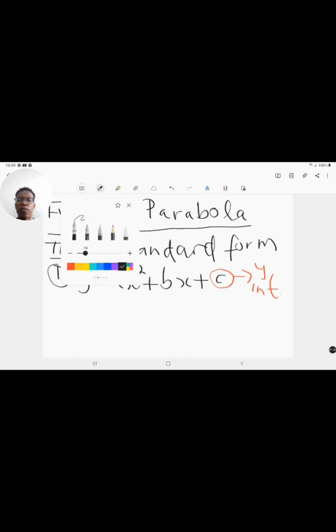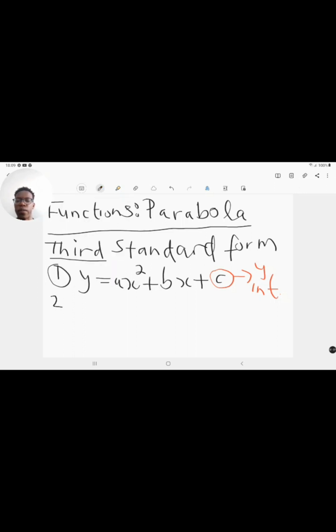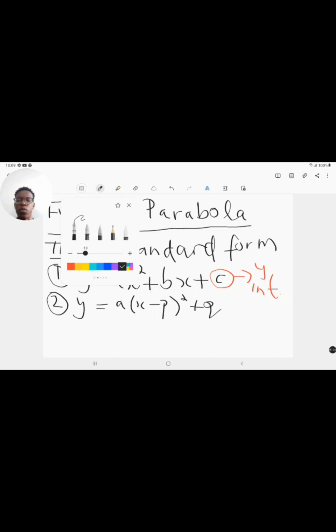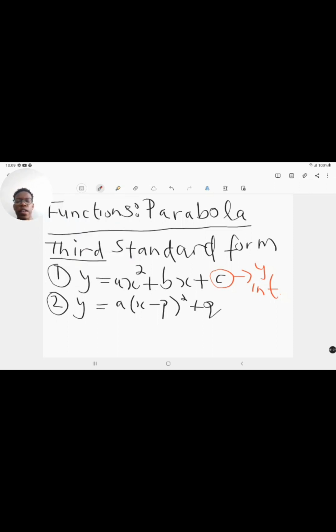The second standard form that we looked at was this form here: y is equal to a, open bracket, x minus p, close bracket, all squared, plus q. We noted in the previous video that the advantage of this standard form is that by inspection you can tell immediately what the coordinates of your turning point are.